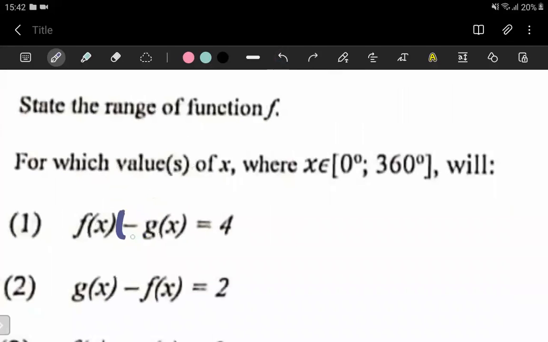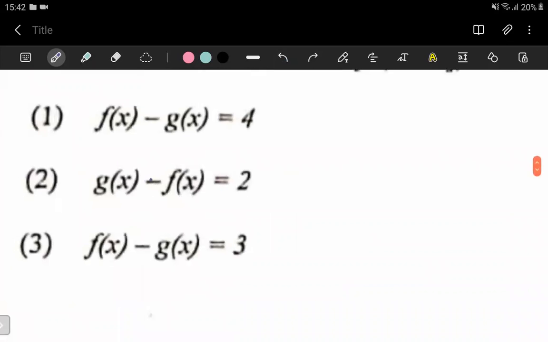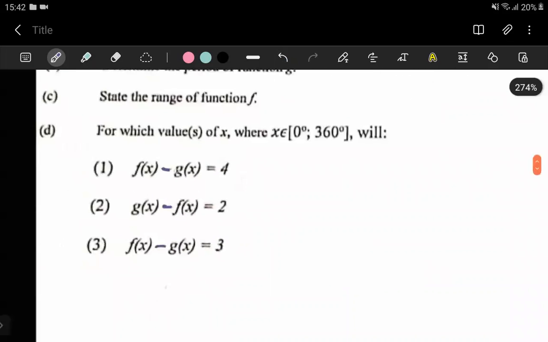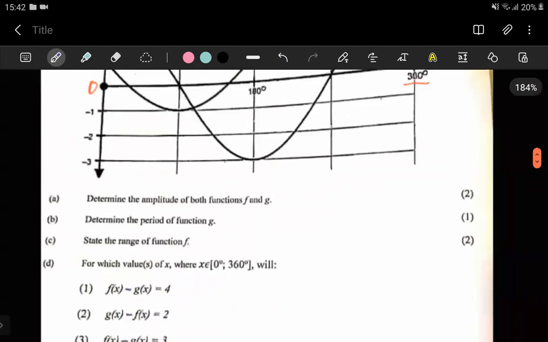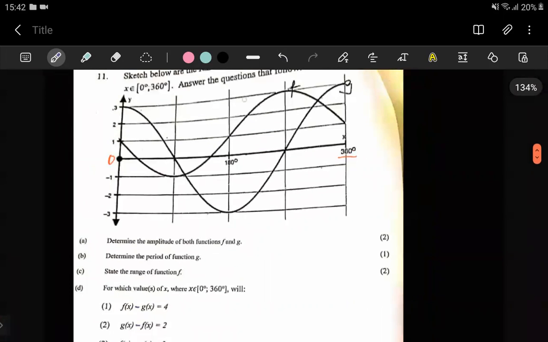This question is asking where the difference between the two y values is equal to 4 units. So 4 units, we saw it was here. This is a spot where the distance is 4 units, and the x value there is 180. So that's the answer: 180.